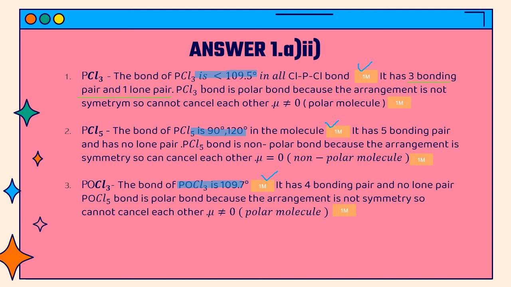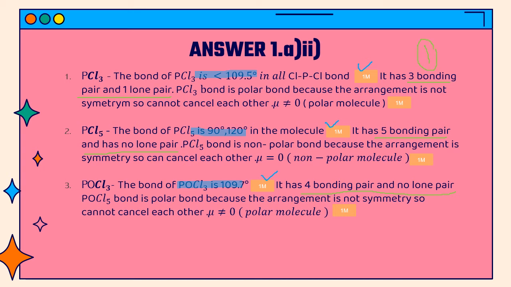Okay, PCl5 has 5 bonding pairs and no lone pair. POCl3 has 4 bonding pairs and no lone pair. First, state the bonding pairs.